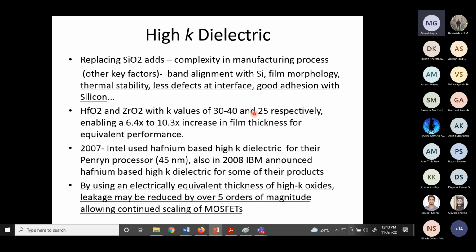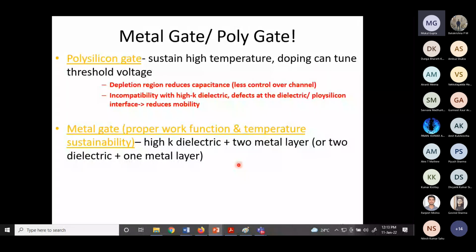So you see clearly these dielectric constants are around 8 to 10 times more than that of SiO2. That way you make a huge improvement in the MOSFET performance, although you are reducing the thickness of the oxide, right?